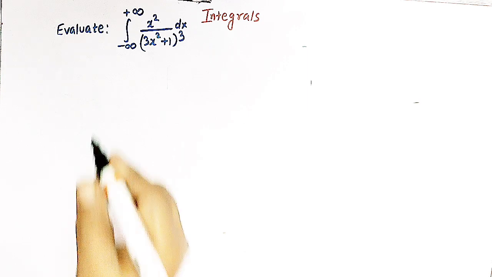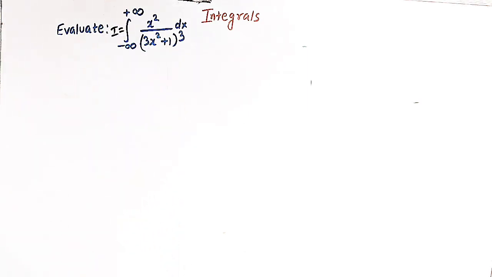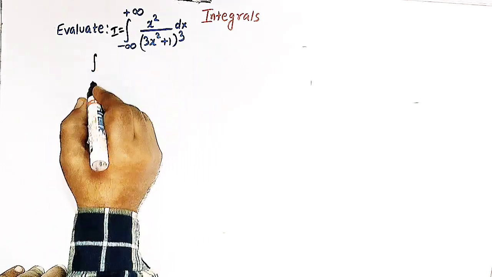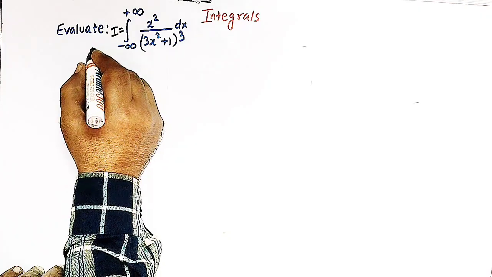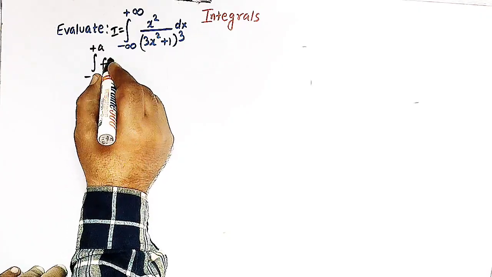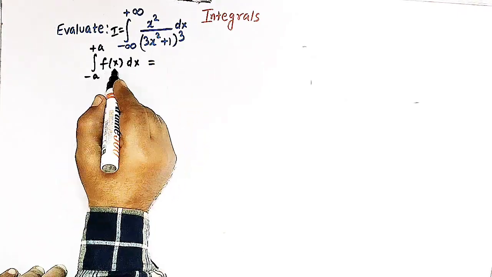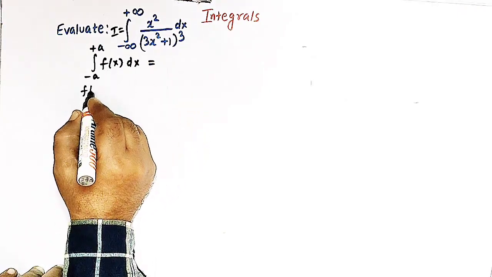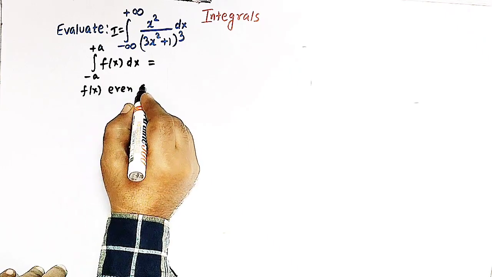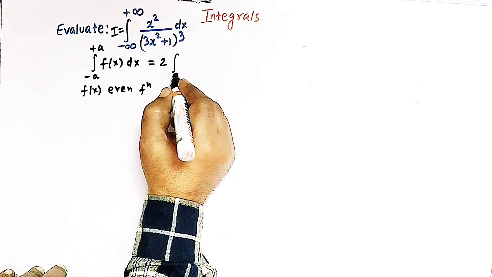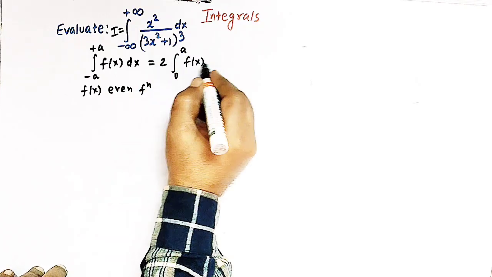So let us call this integral I, and here first of all I will apply an important property of definite integrals, which says that if we have an integral from minus a to plus a of f of x dx, and this function f of x is an even function, then we can write this integral as 2 times the integral from 0 to a of f of x dx.